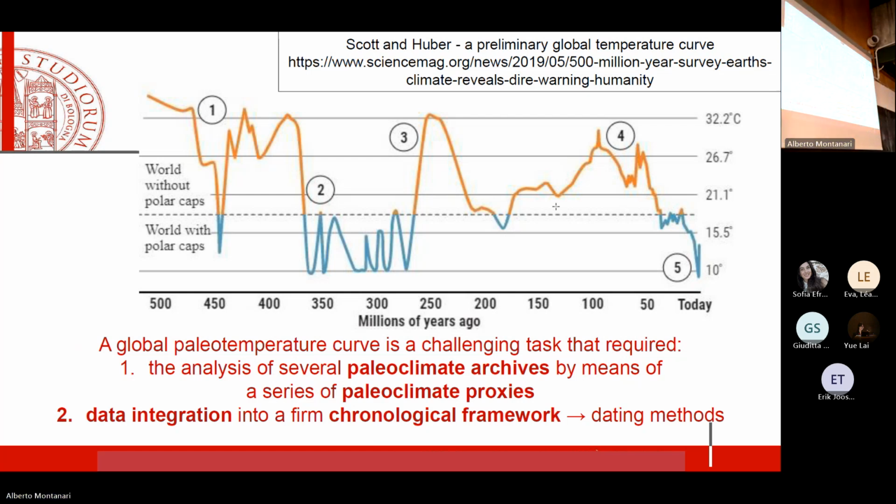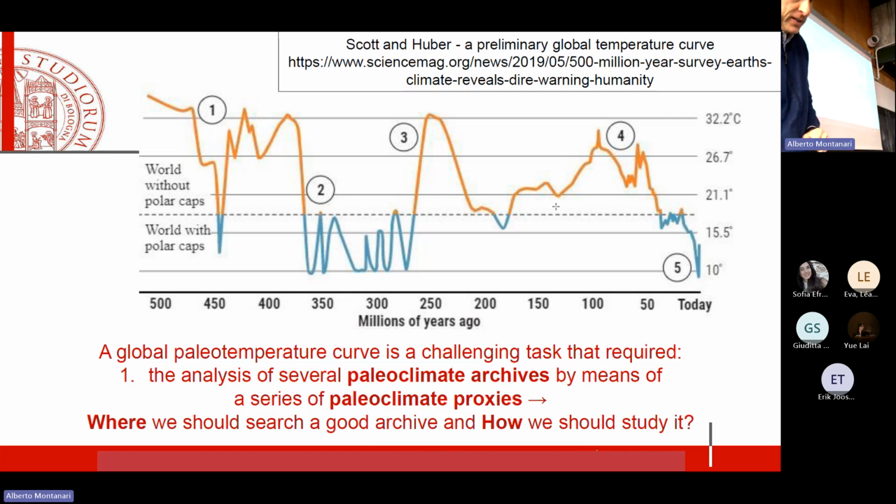And possibly we try to look for more than one proxy, several proxies, in order to reduce uncertainty. And then we need to integrate this data into a very rigorous framework, because when we deal with scientific analysis, we have to be very rigorous, and we elaborate what are called dating methods.